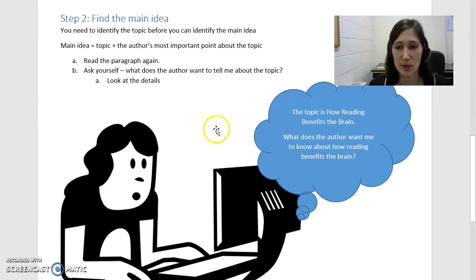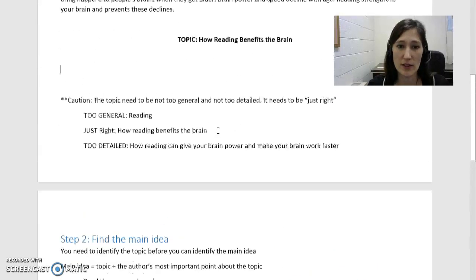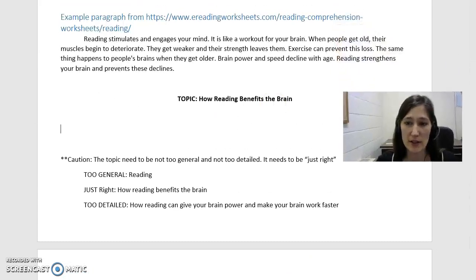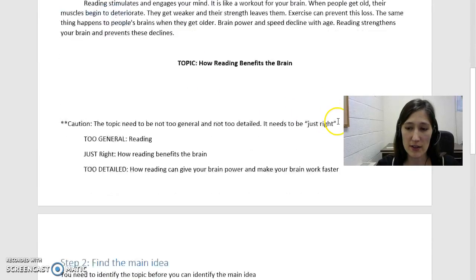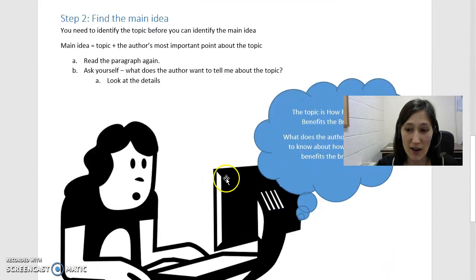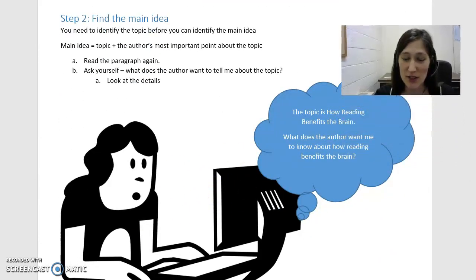So if you remember from the previous video, we identified the topic of this paragraph about reading, right? We said the topic was how reading benefits the brain. Now, remember, here you are, looking at your computer, reading, you found the topic, and now you want to think what the main idea is.